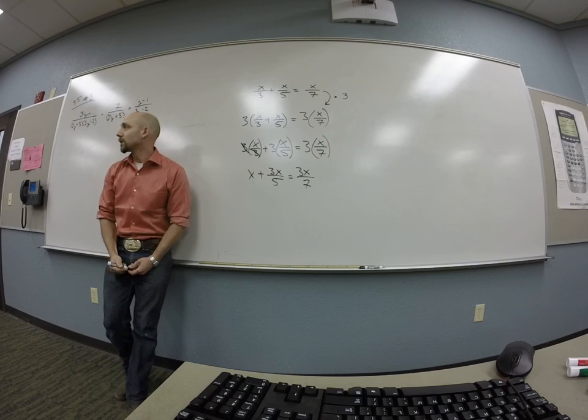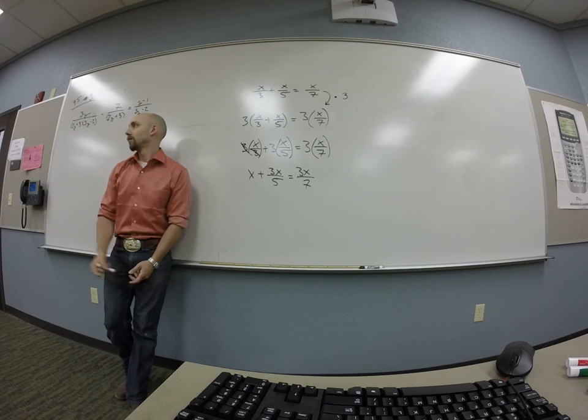Now I'm in a better place because I have one less fraction than I started with. So if I want one less fraction than this, how do I do it? Multiply by 7 or 5. You guys see that? That'll clear the bottom.